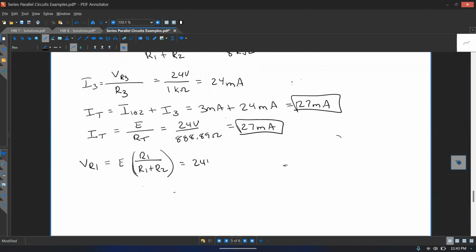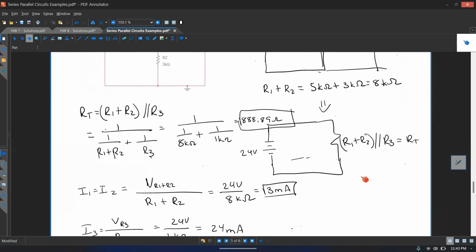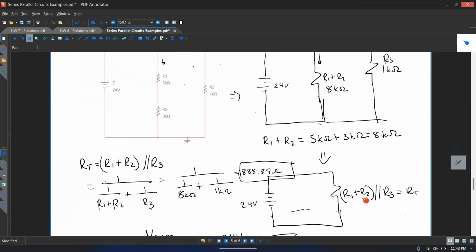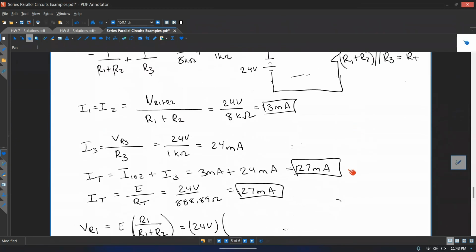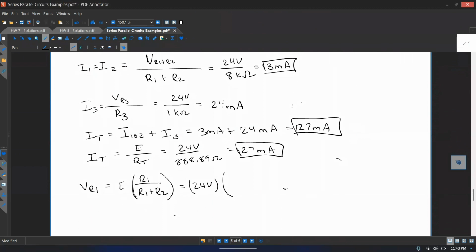And so you get 24 volts times R1, which is 5, and R2 is 3, divided by 5 plus 3 kilo ohms.